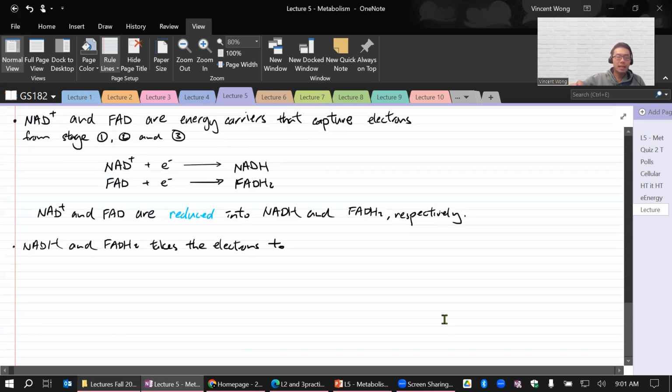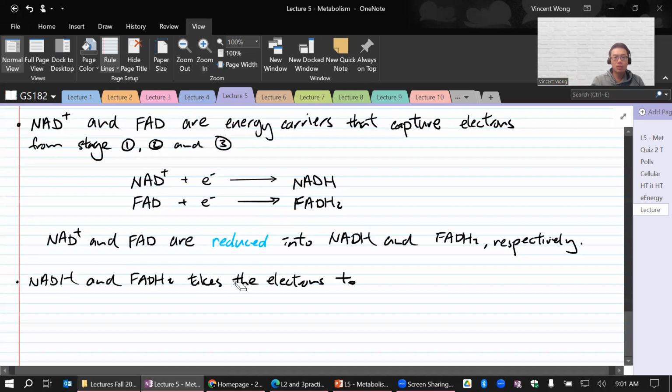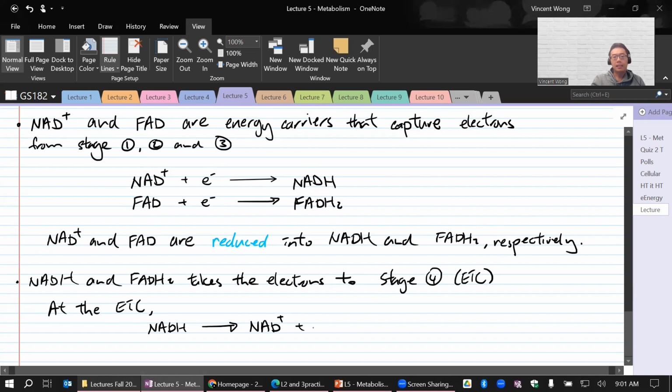Okay, so NADH and FADH2 take the electrons to stage 4, the ETC. At the electron transport chain, NADH will now become NAD plus again, and then the electron gets off.